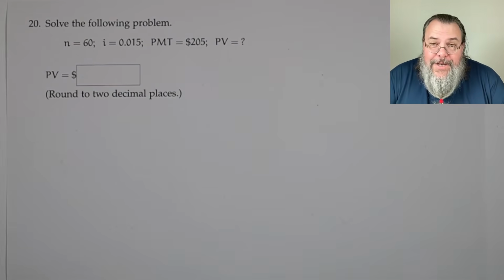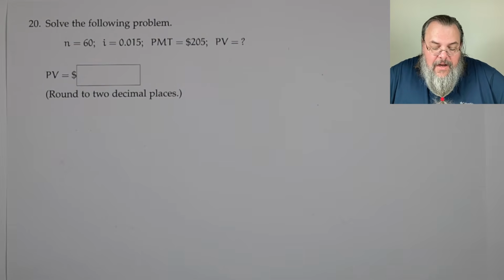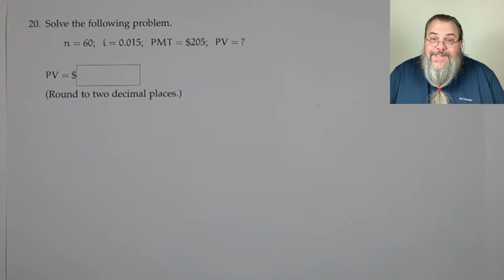Number 20. Solve the following problem. Okay, so we're told N is 60, I is 0.015, payment is 205, and PV is something. All right, now, what is this? Well, there's some clues here. They're essentially asking for a formula.